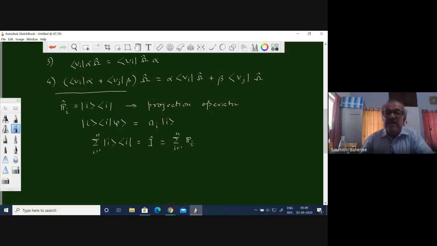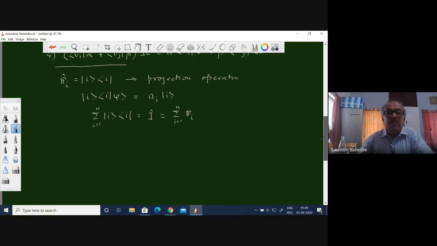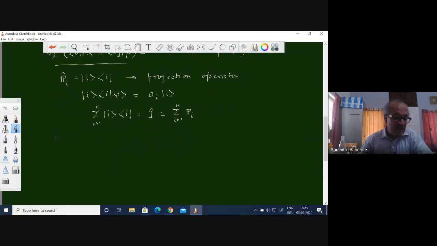And the pi can act on the bras also. So if we make that act on the bra, it will be v, and pi will be acting from the right hand side. So it will be v, and then it is I. This is what I've just substituted here.